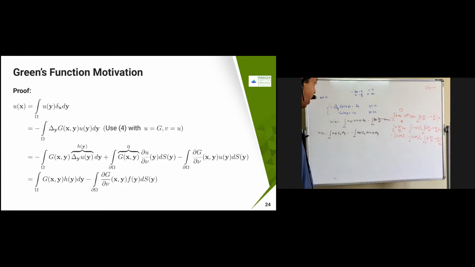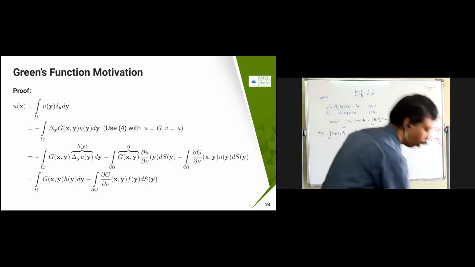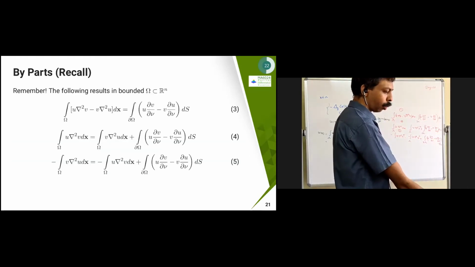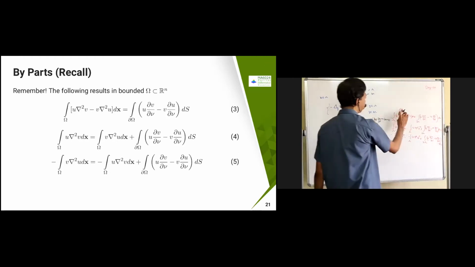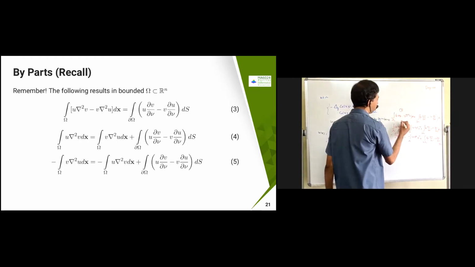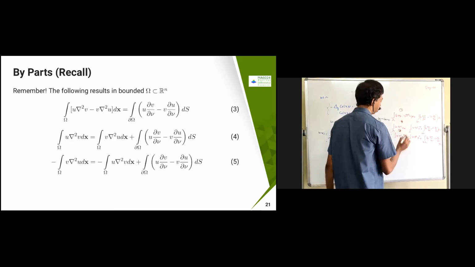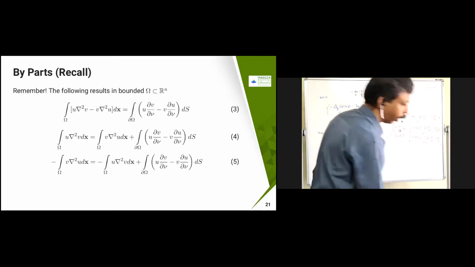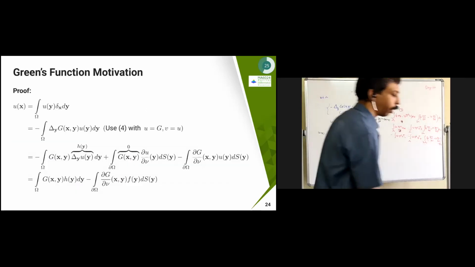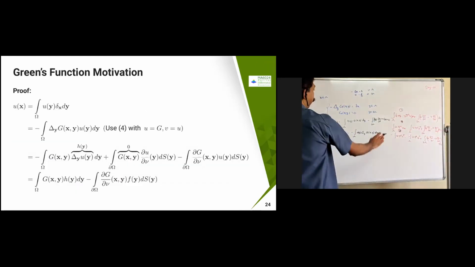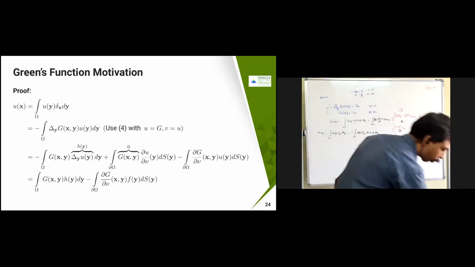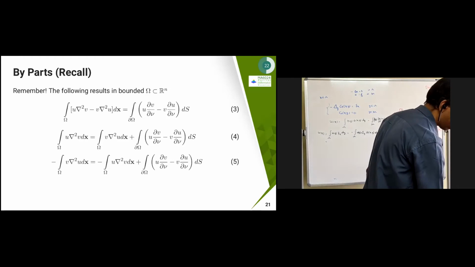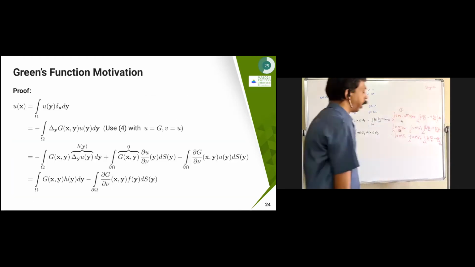Now I'm just going to use 4. I use the same numbering so that you will not get confused: this is 3, this is 4, and this is 5. So we are going to use equation number 4, where I apply the values, u equal to g.